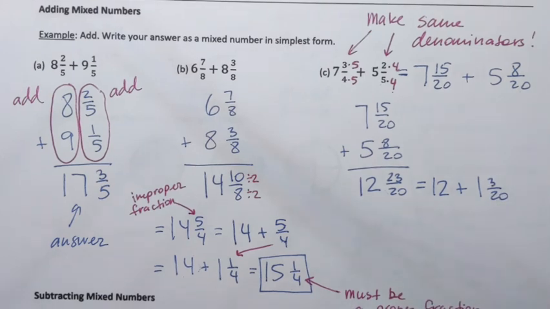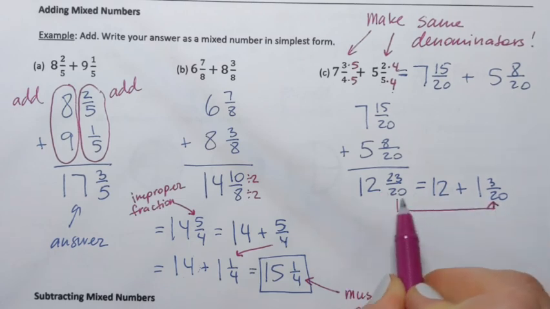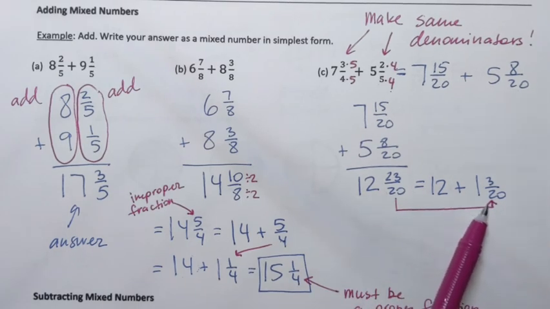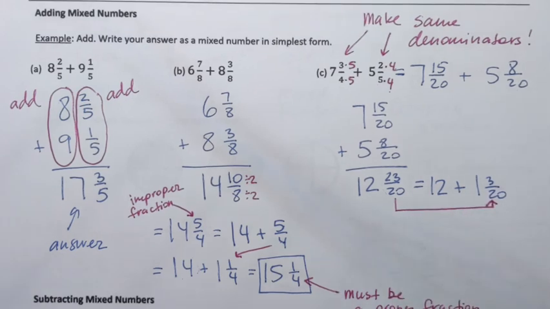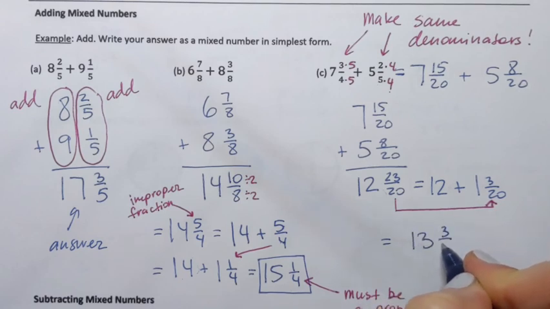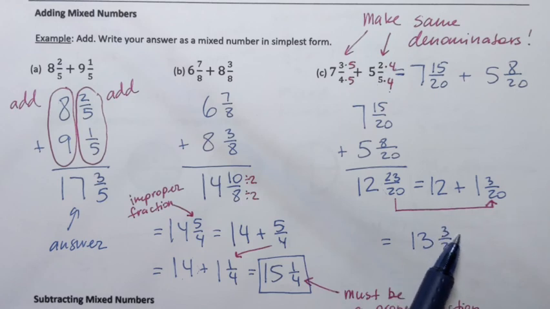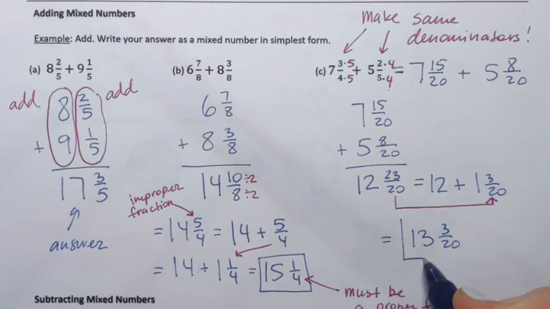That's how this improper fraction gets converted to a mixed number. And now it's putting everything back together. 12 plus 1 is 13. And 3 over 20. I will double check at the end if I can simplify this fraction. I don't think I can, which means that this is the final answer.